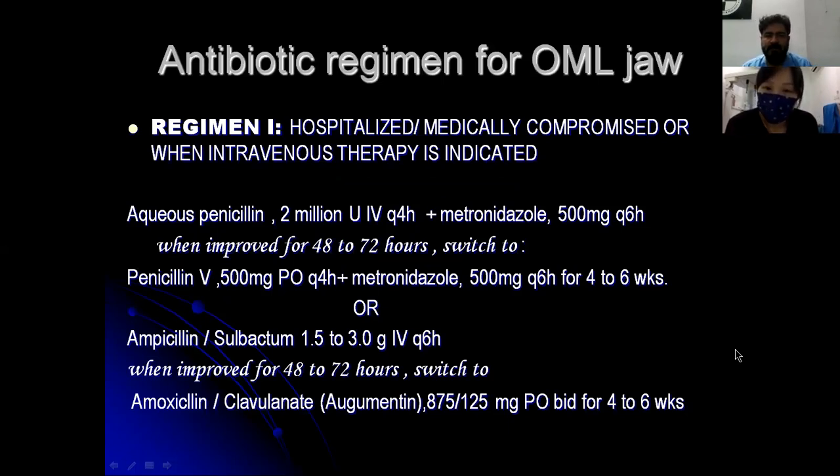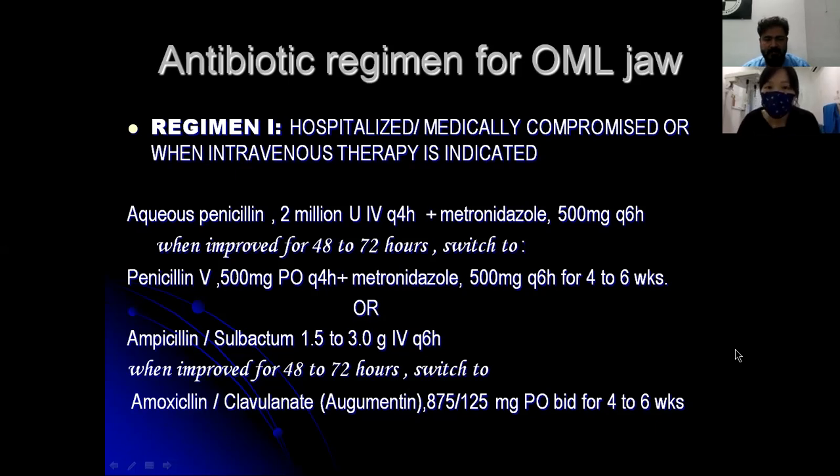So what is the main antibiotic regimen in OML? The regimen in OML when hospitalized, medically compromised, or when intravenous therapy is indicated is aqueous penicillin 2 million units IV with metronidazole. When improved in 48 to 72 hours, switch to penicillin 500 and metronidazole 500 for 4 to 6 weeks, or ampicillin with sulbactam IV for the first 6 hours.